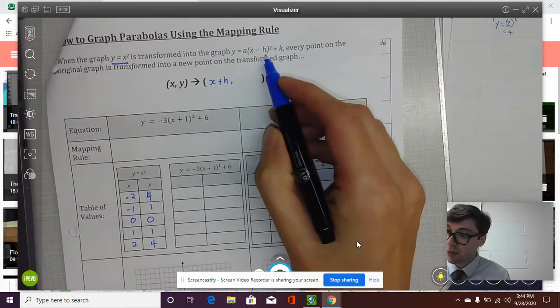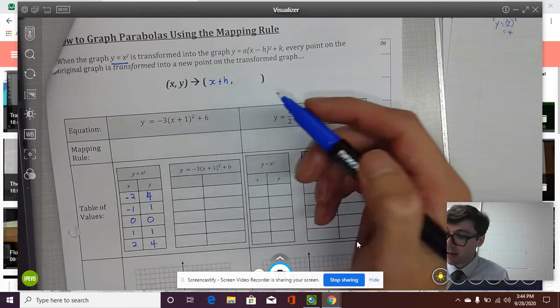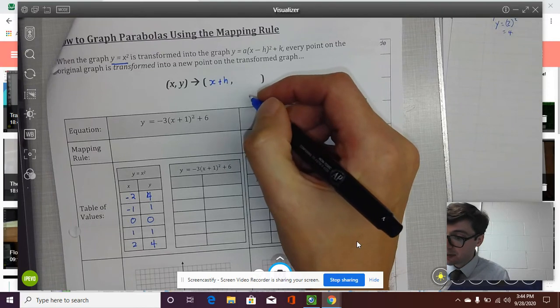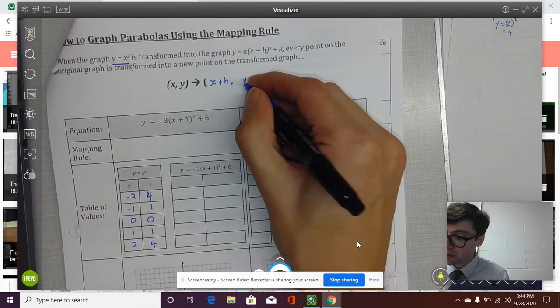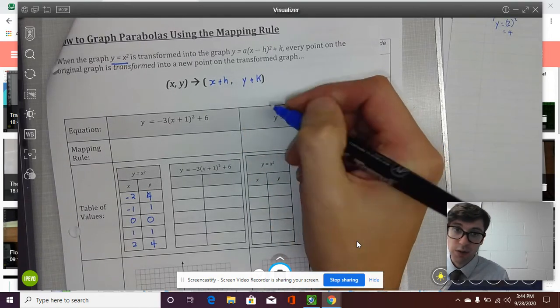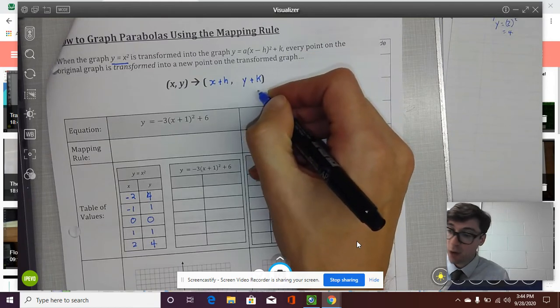So for example, if h was 2, I'd go 2 to the right. So I'm going to add 2 to every single x coordinate. We're going to practice this a few times. The next is k always moves us up or down. So in other words, we're adding k to the y coordinate. So if it's +3, the whole parabola moves up 3. I'm going to add 3 to every y coordinate.